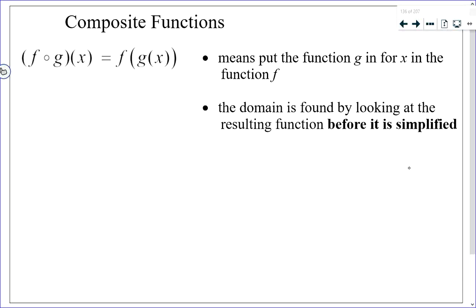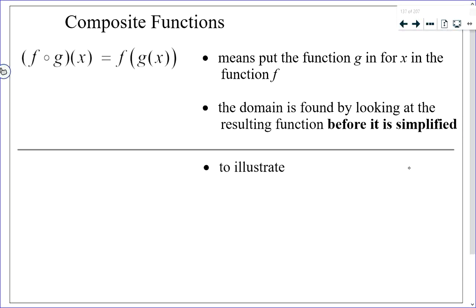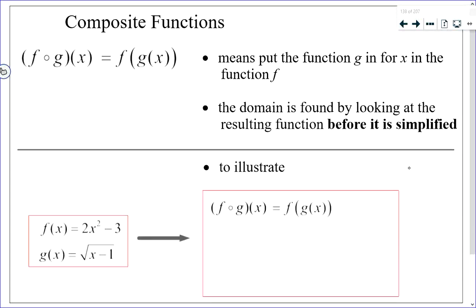This is really important. To illustrate this idea, if I had f of x equals 2x squared minus 3 and g of x equals the square root of x minus 1, that means f of g of x means f of g of x, and it means that g of x is going to go in for x in f of x.